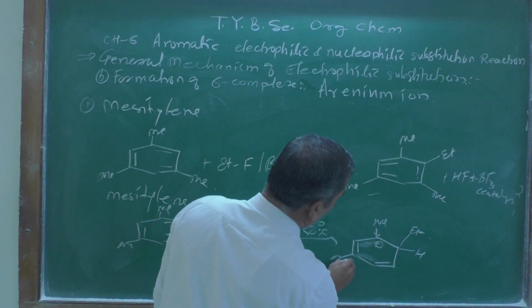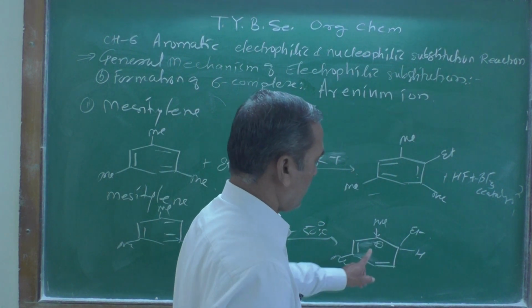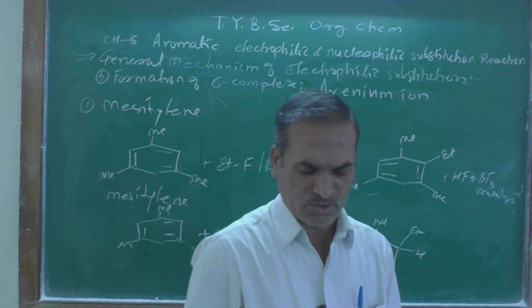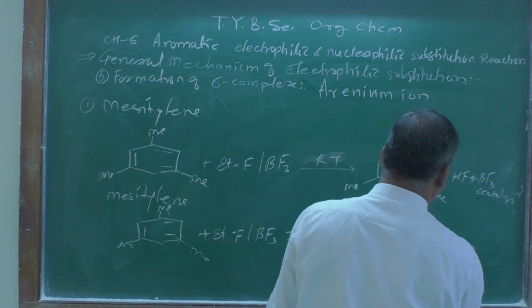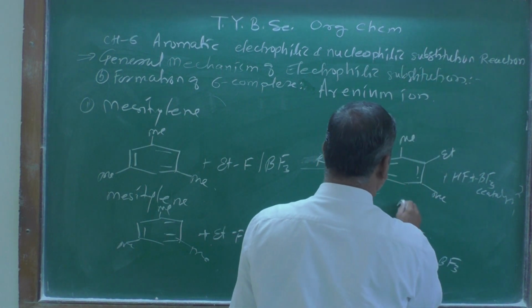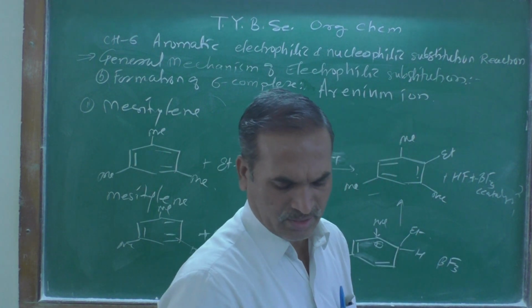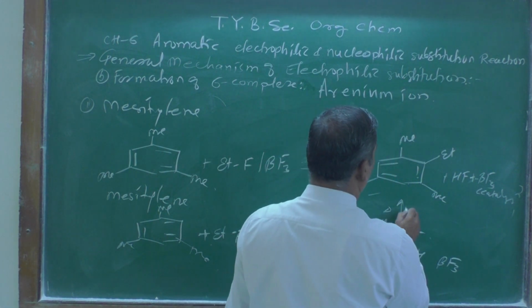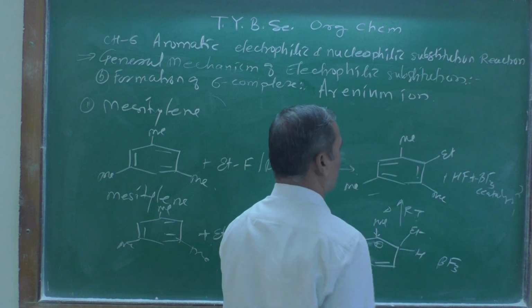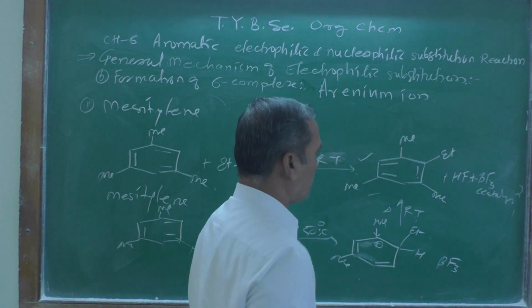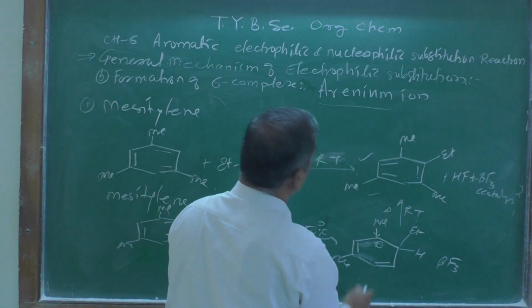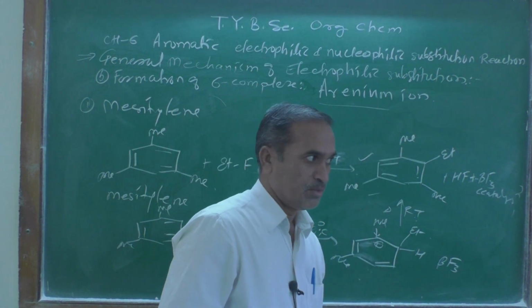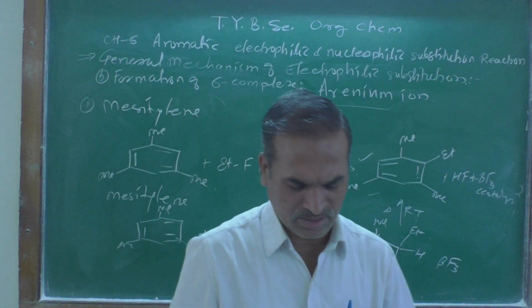Here we write a methyl group, and the existence of this group is proved with BF3. Now if heated at room temperature, you will get this type of product. But this arenium ion is proved by using this reagent.